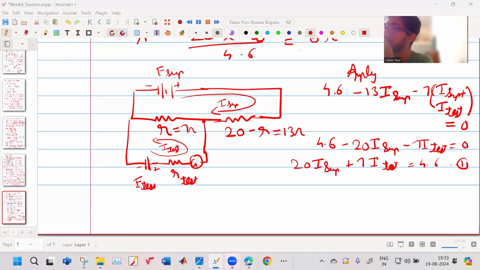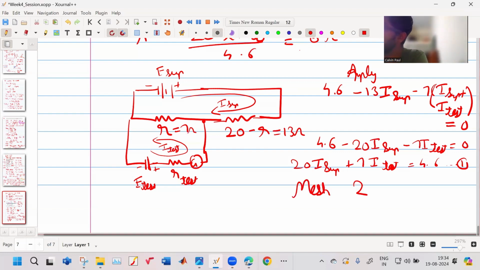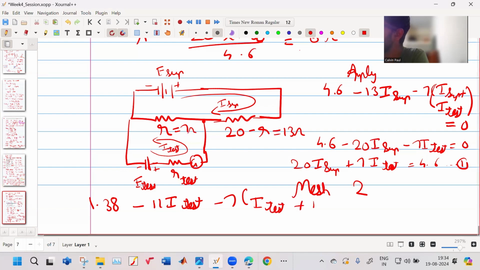Okay. So now I will apply KVL in mesh 2. So what I will get, minus plus E test, that is 1.38. Minus R test is 11 ohm. So minus 11 into I test. And then flow through the 7 ohm resistor. So minus 7 into your I test plus I supply.